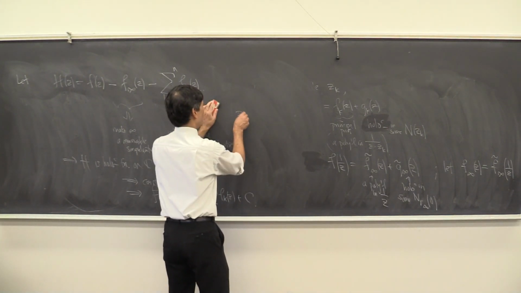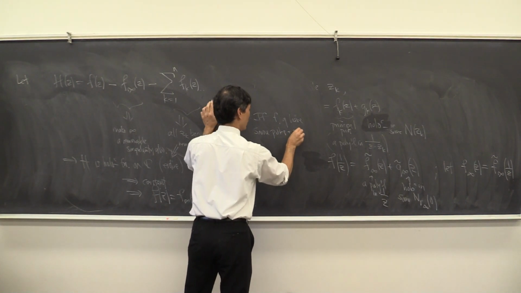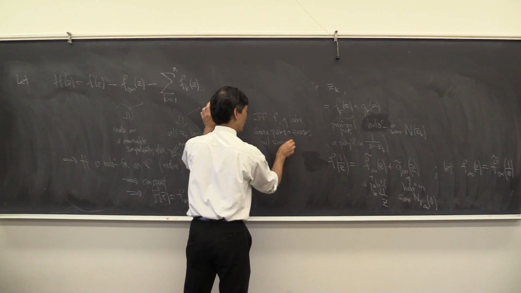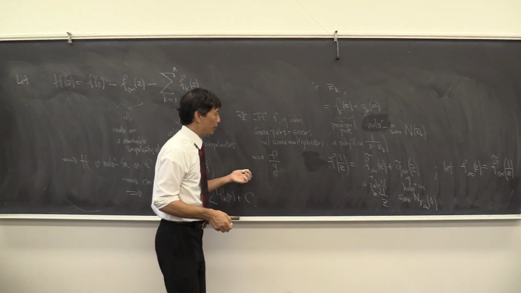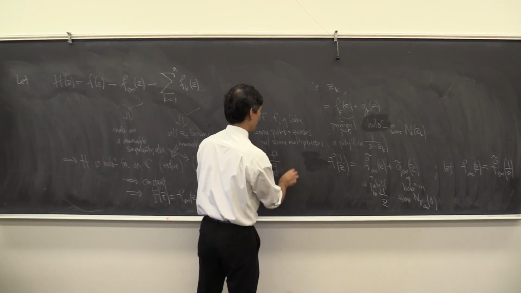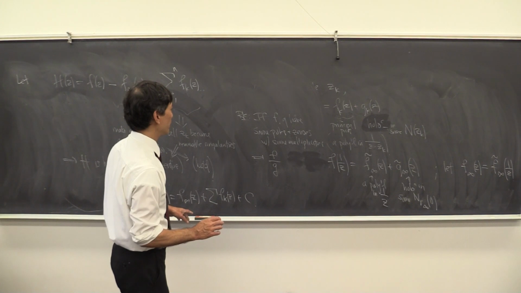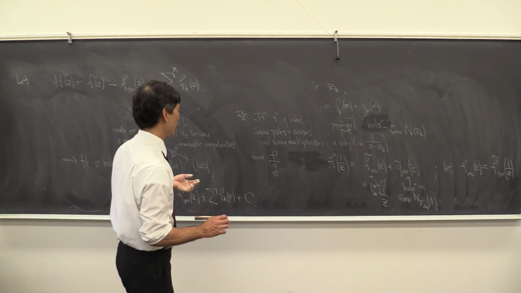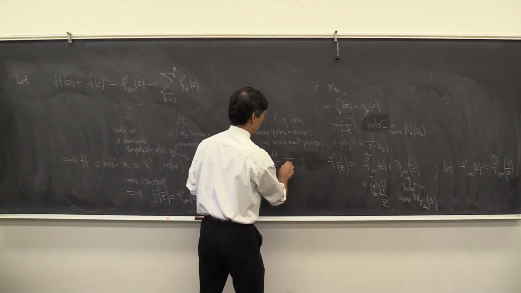Because if f and g have the same poles and zeros with the same multiplicities, well, that tells you that the ratio has no zeros and poles, so this thing must be a constant.